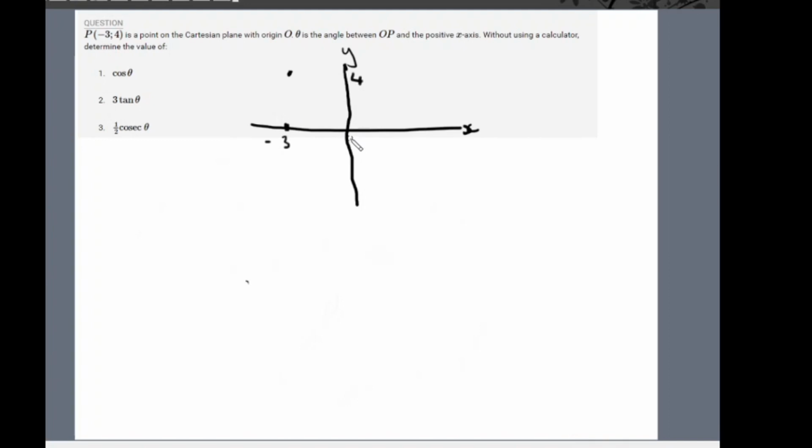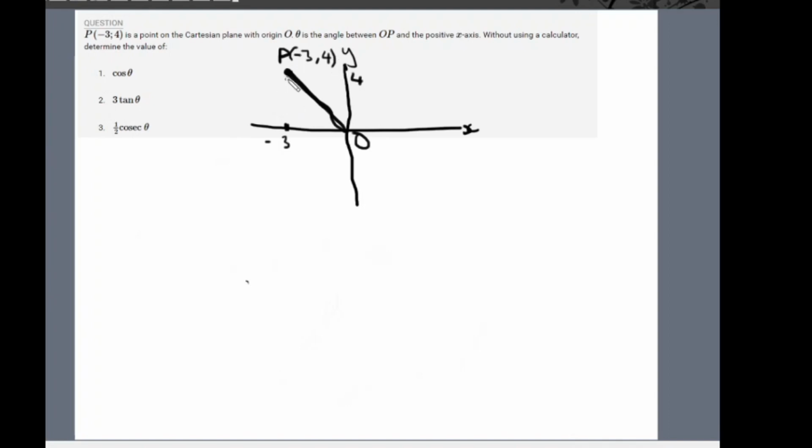And then we have an origin O, right? And then we have point P, whose coordinates are -3 and 4.